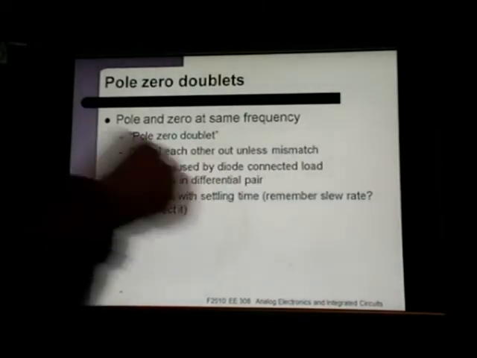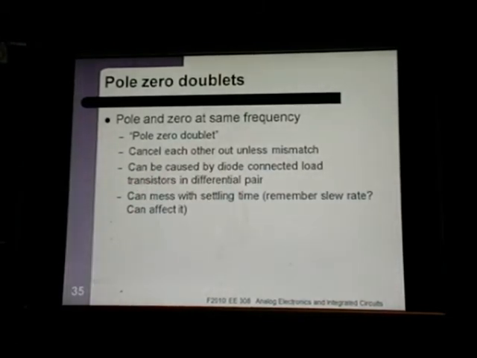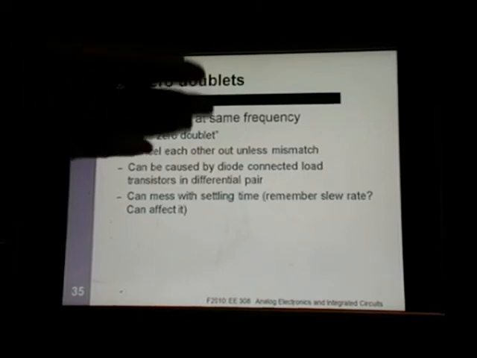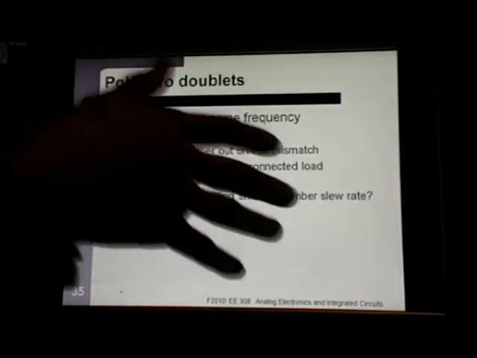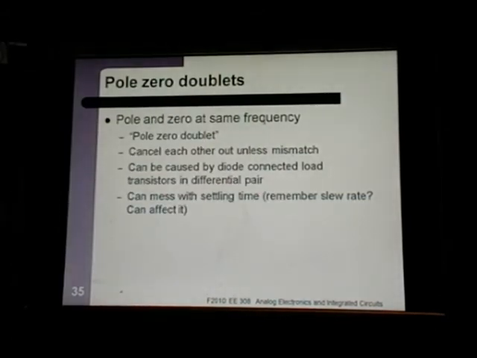They can be caused by, you know how they had kind of the one side of your differential pair diode connected, and you use that as a gate voltage or a base voltage on the other branch of your differential pair, that can cause a pole-zero doublet, and it can mess with settling time. So the amount of time it takes until you actually get to your result.